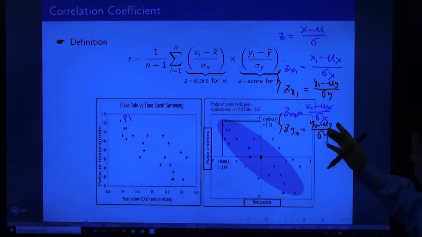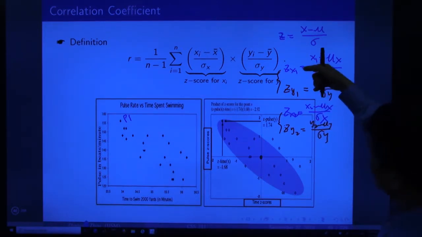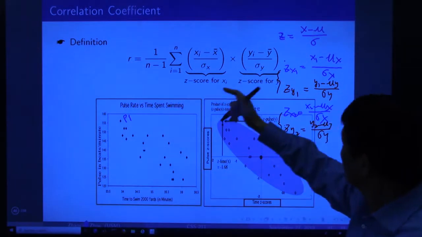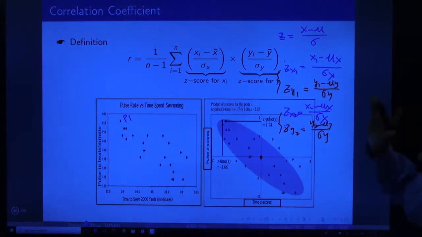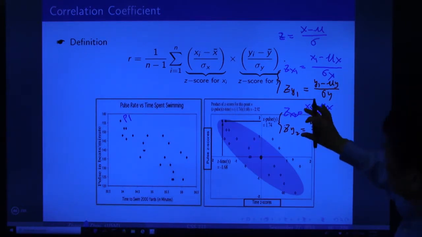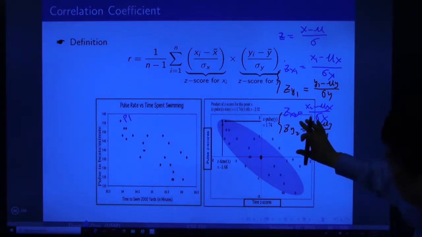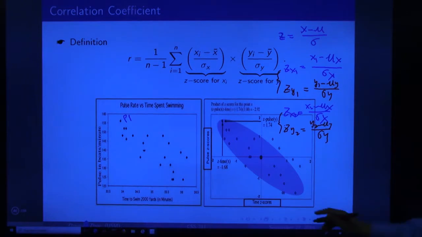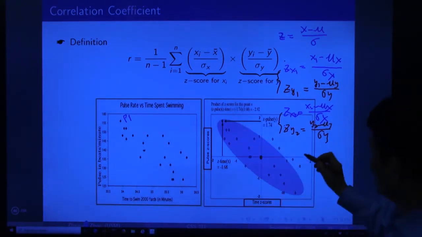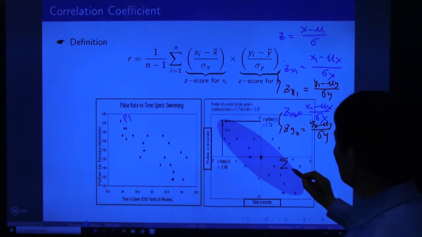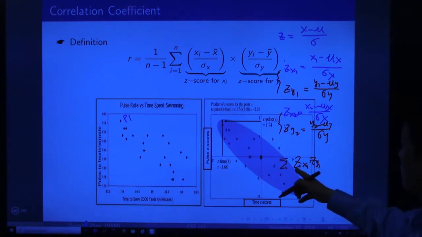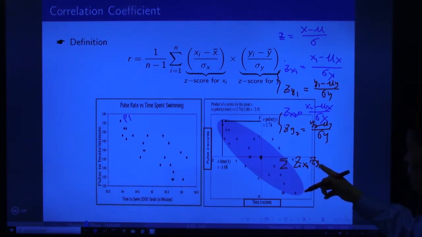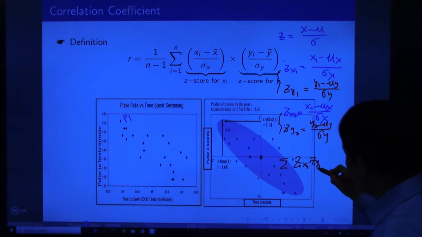Once we finish the z-score calculations, for the first point we multiply the x z-score and the y z-score together, and we get one product. And then we calculate the product for all the points. Then we sum up all these values: zx1 times zy1, plus zx2 times zy2, and so on, for each i.